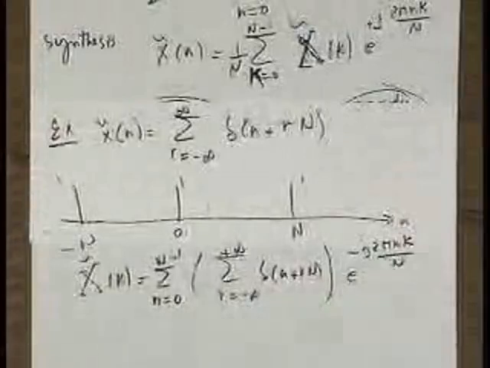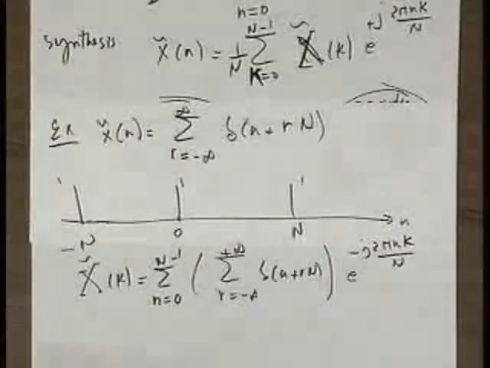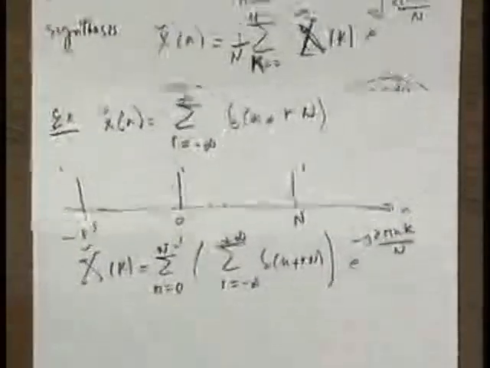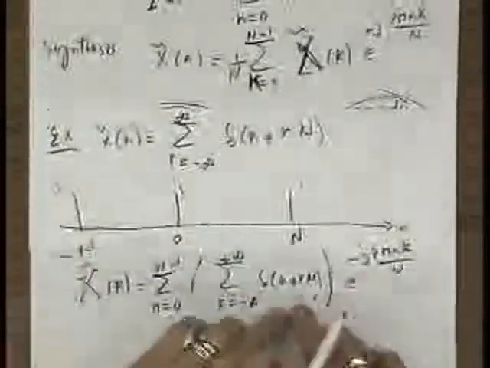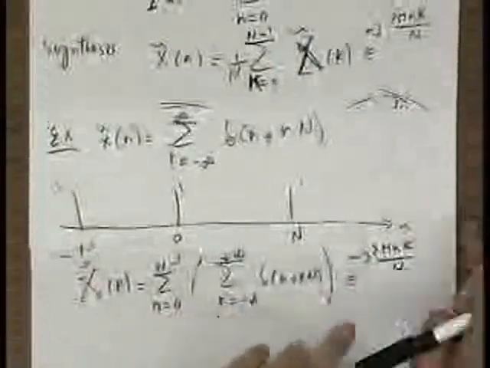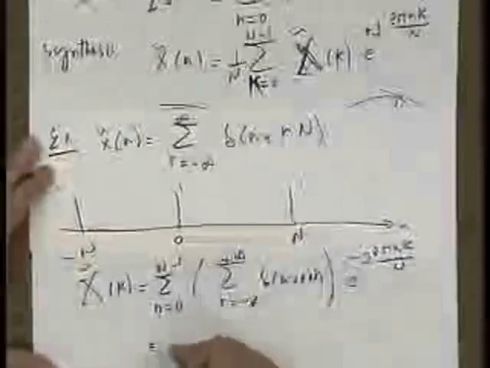It's just 1. You bring the summation in, you apply the sifting property, and what you get is just 1.